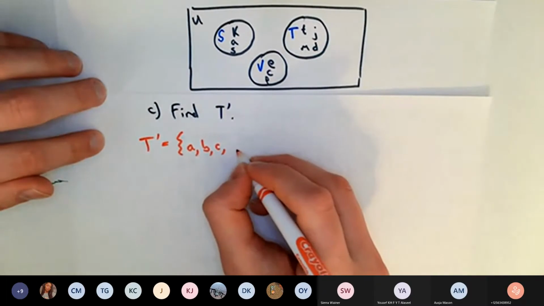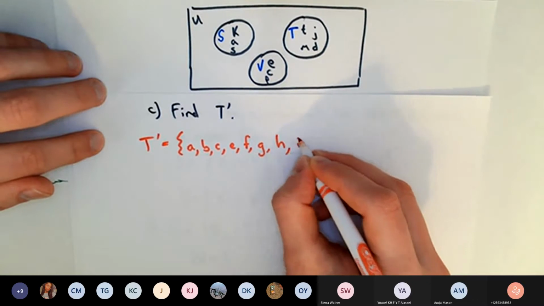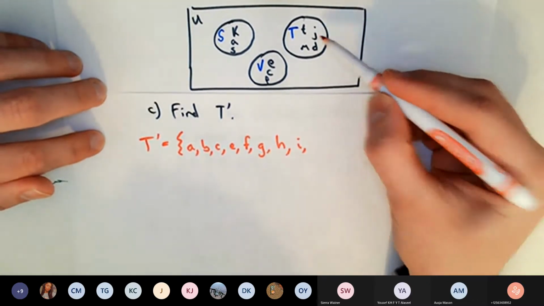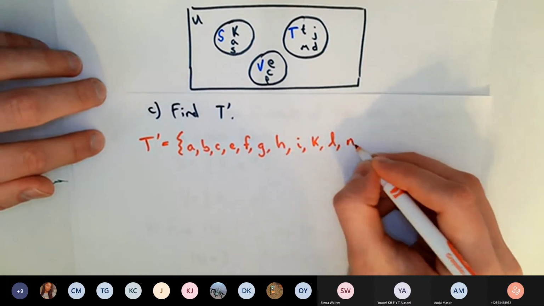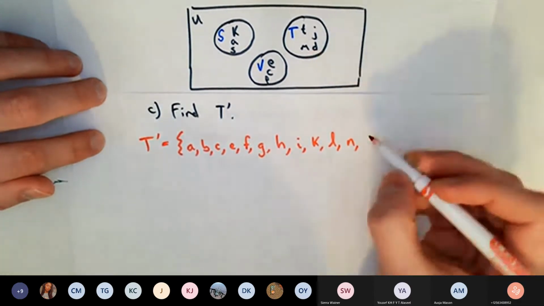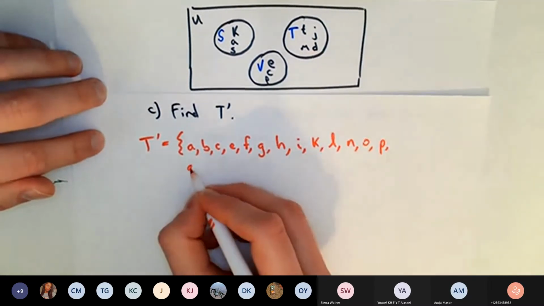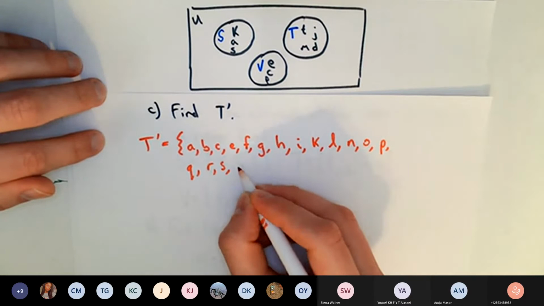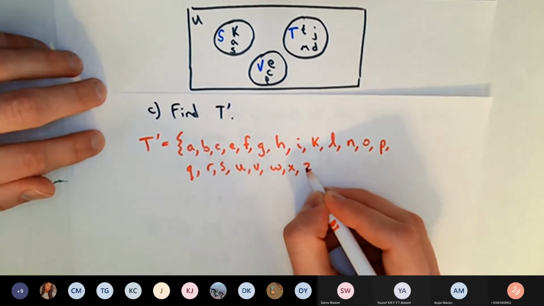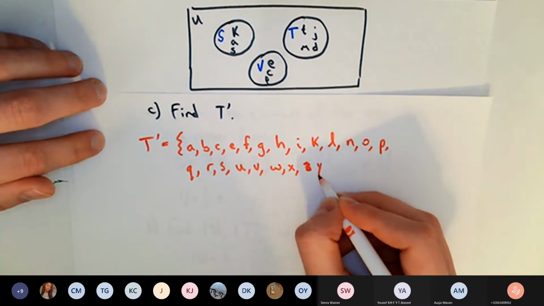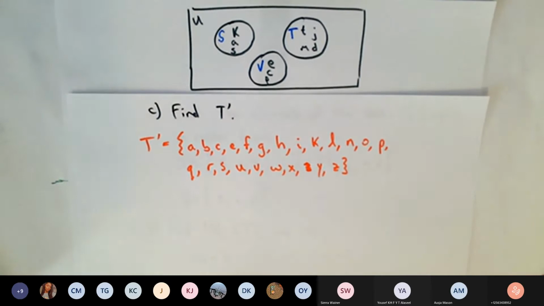Then E, F, G, H, I, not J, right? J is in there. K, L, N, not M, right? Because M is in that set. Hopefully you're getting it at this point because we already talked about complements. Oh, whoops, I skipped Y. There we go. There is T complement.